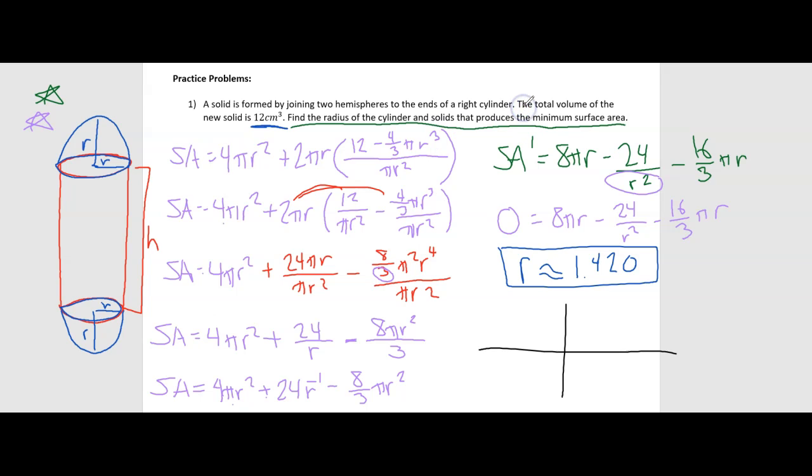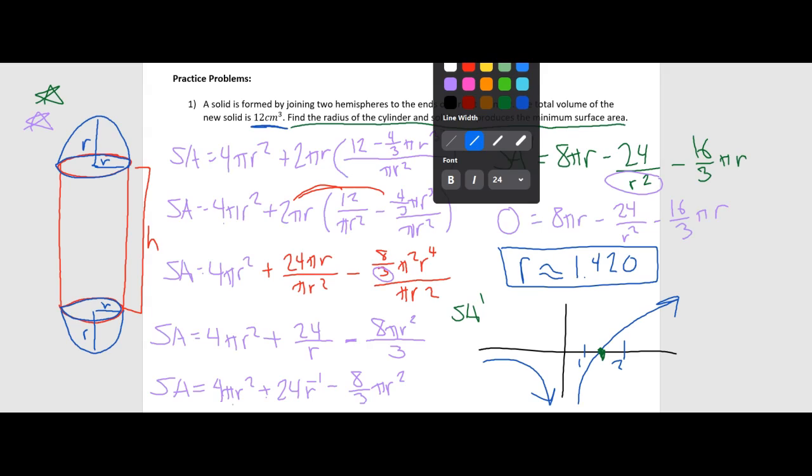If you look at your graph, you get something that looks like this. So clearly, and again, this is my surface area prime graph, so the derivative is going from negative to positive at that r value, which means that that is a relative minimum of our original function.